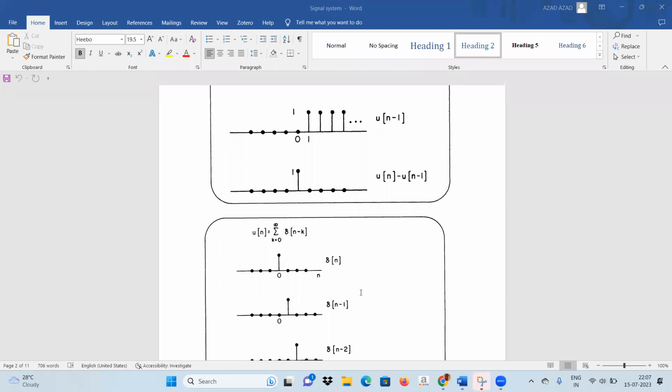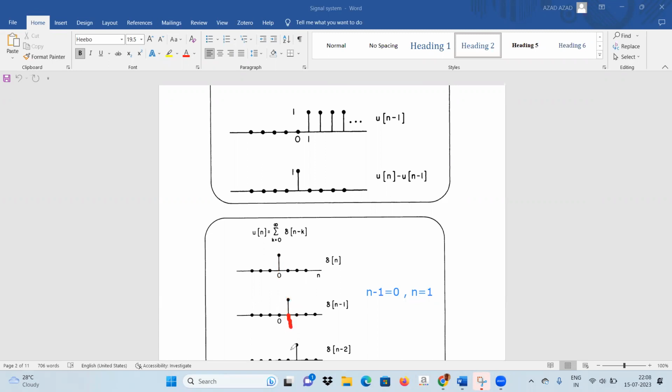For delta n minus 1 you can put n minus 1 equal to 0, and here you get n equal to 1. It means the magnitude which was at the origin will shift to n equal to 1.